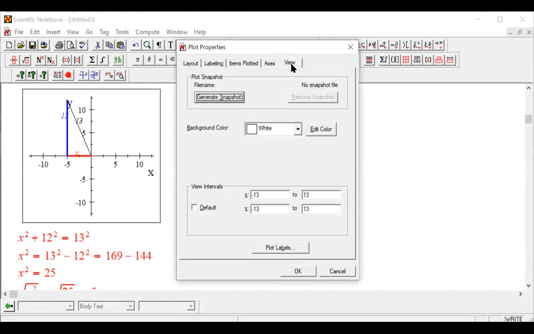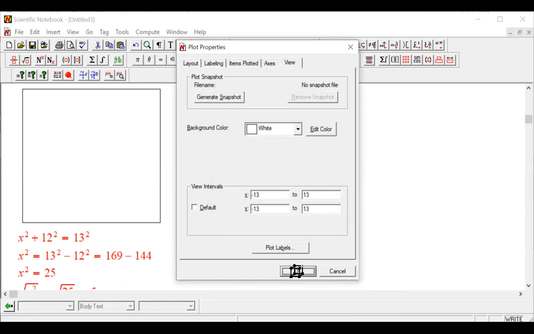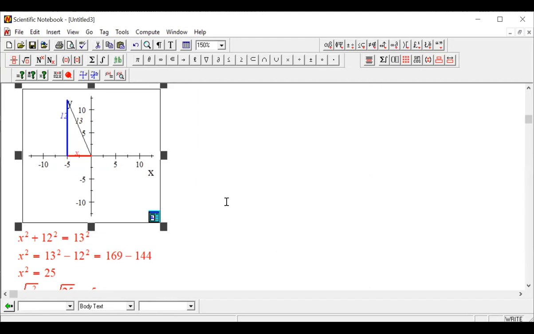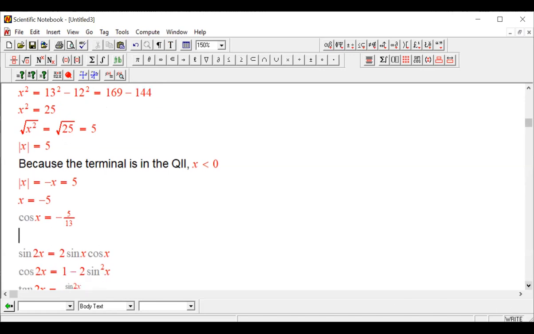And that 12 seemed to be rather awkward, so let me just move it over a little bit. Right? 12. So with that marking, we have x equals -5. And as a result, cosine x equals -5 over 13. And then the rest is just substitution, okay?